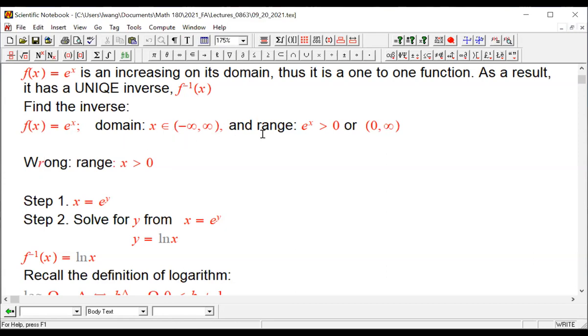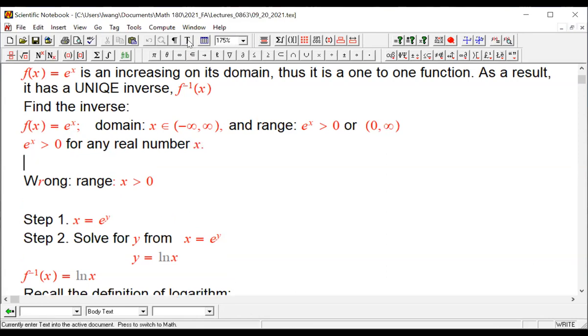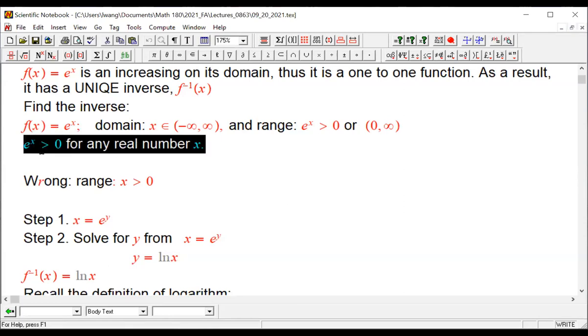But anyway, this narrative is saying e to the power x is larger than 0 for any real number x. This is the domain and range in one sentence. Very, very useful. Well, can we have another way to say it?